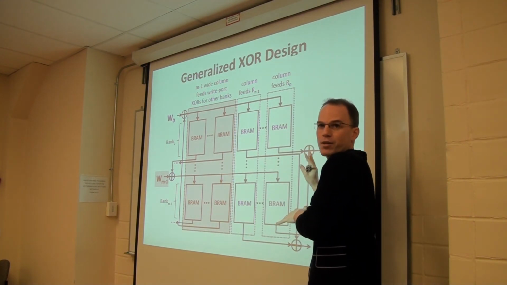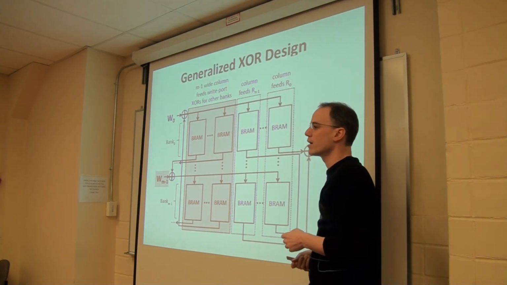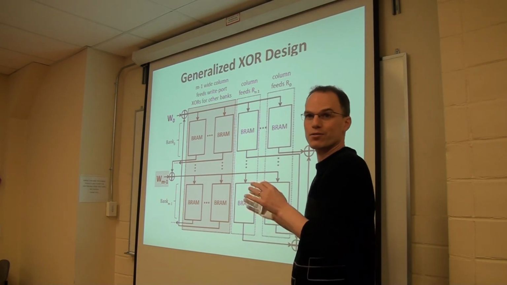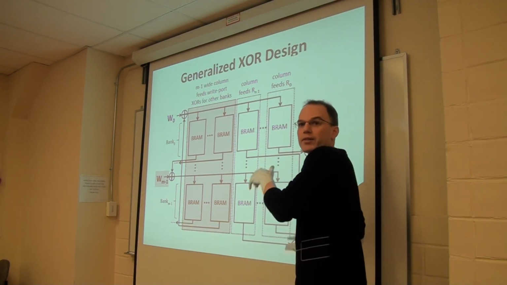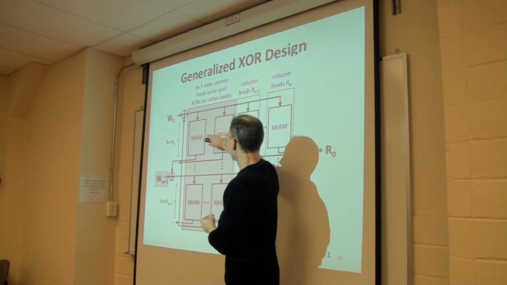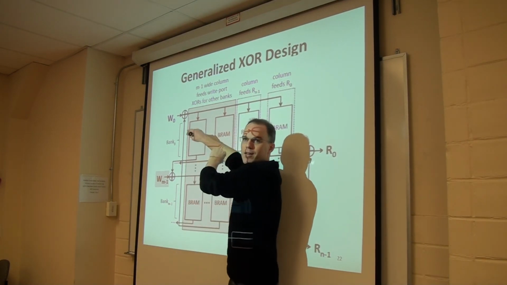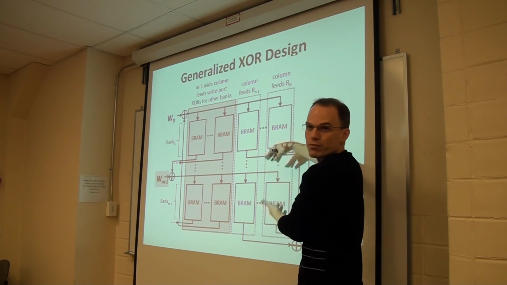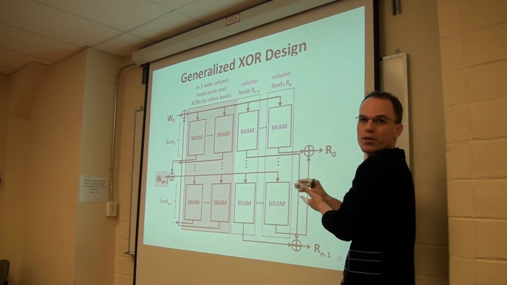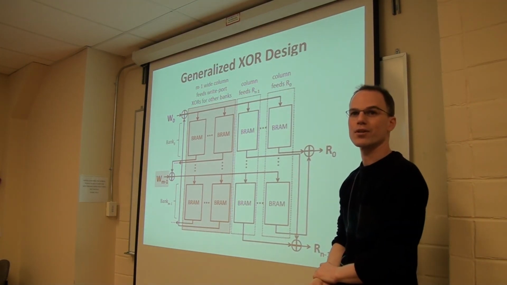This one does not do that remembering, and that's why there's no output multiplexing, at least at the first level. This design gets away from having to remember what was written where by just blindly XORing everything together. When you write, you read all the other values, XOR them all together, and store that. This way, when you read, you're oblivious of which bank to get it from. You read from all the banks, XOR it all together, and that recovers the original result.